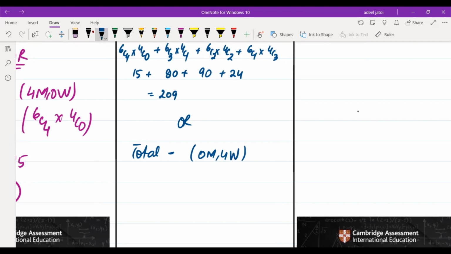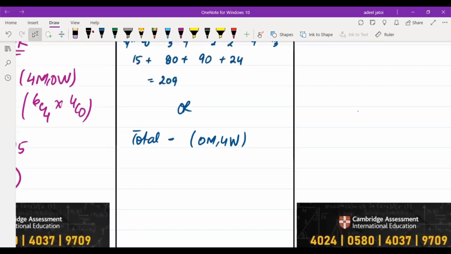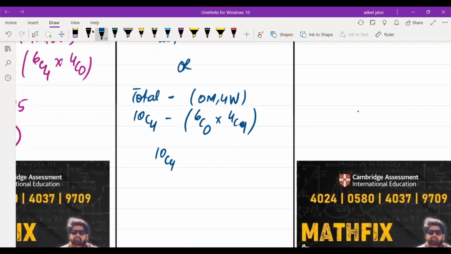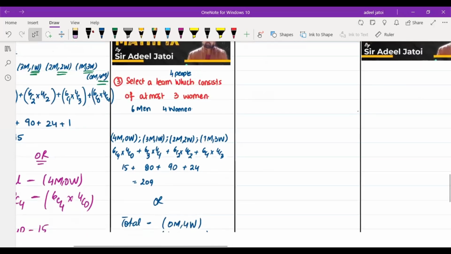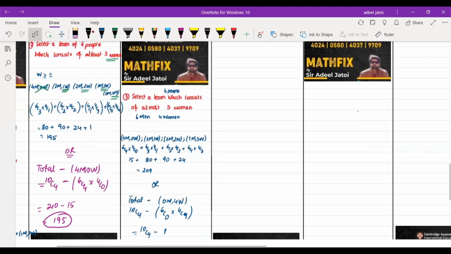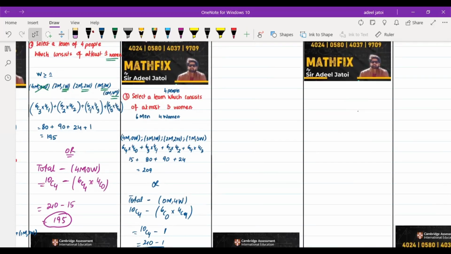So 10C4 will give me the total, and 6C0 into 4C4, which is 1. So 10C4 minus 1, and 10C4 is 210 minus 1, which is again 209. So considering this, select a team of 4 people which consists of at most 3 women, leaving the 4th woman out, because at most 3 women means the maximum will be 3.